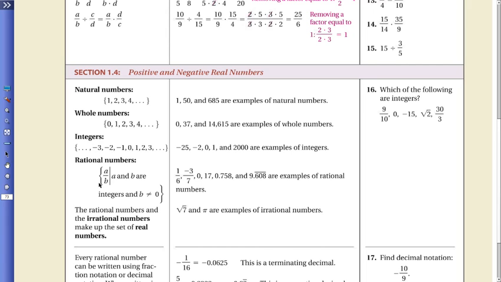Now, irrational numbers are numbers that I can't write this way, and there's a lot of them. So if we can't write it as a fraction of 2 integers, I end up with something called irrational, which means not rational numbers, like the square root of 7. There's no way I can write that as a fraction.